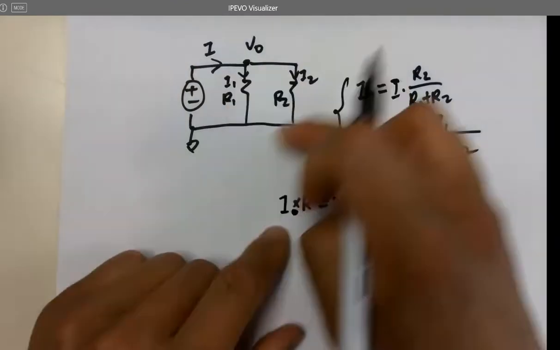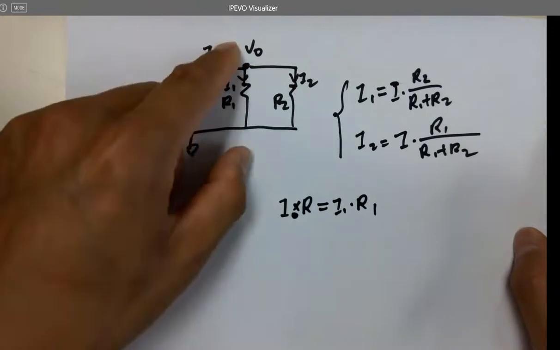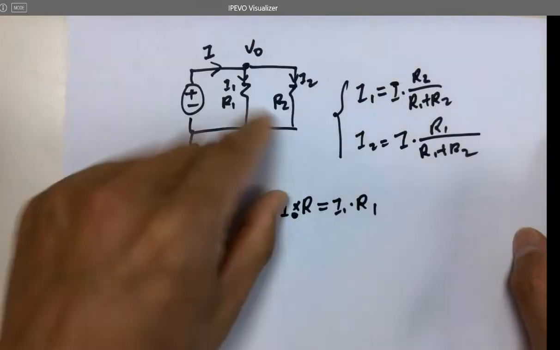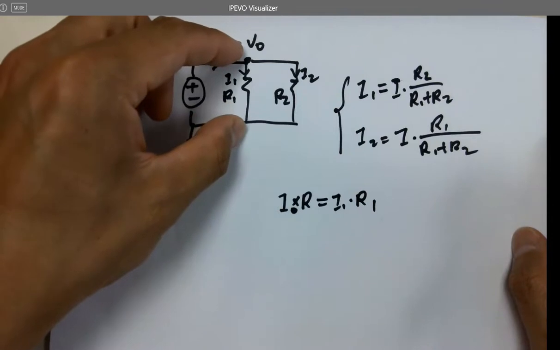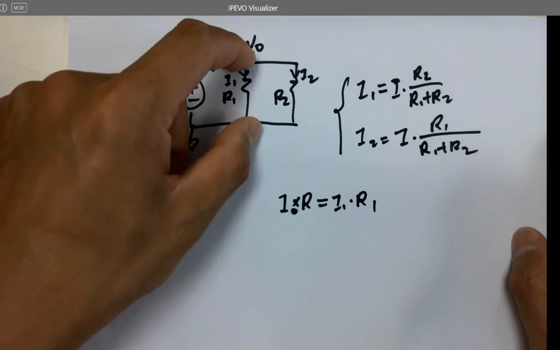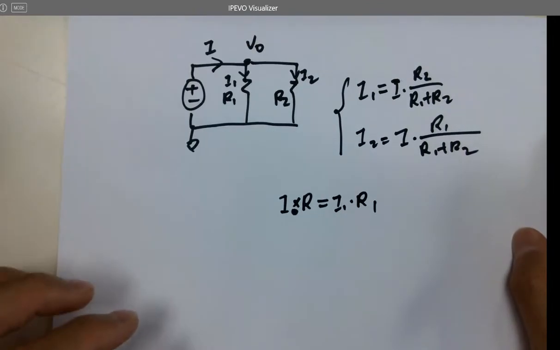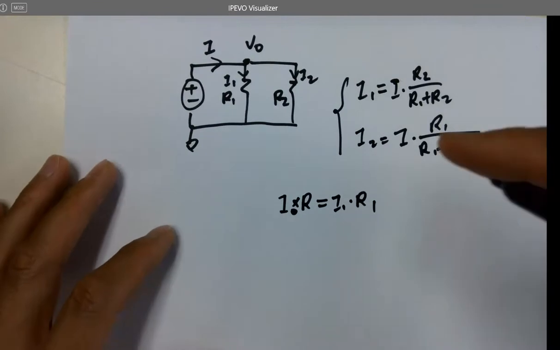R is the overall R, R total. I times R total here is going to be V out, or I1 times R1 is V out as well. Any question on that? Does that make sense there, Seth?